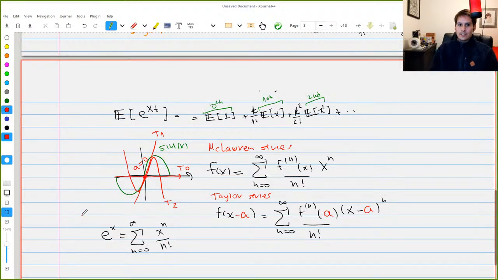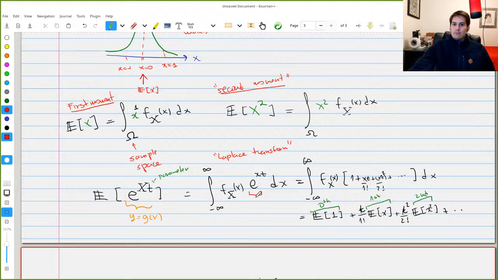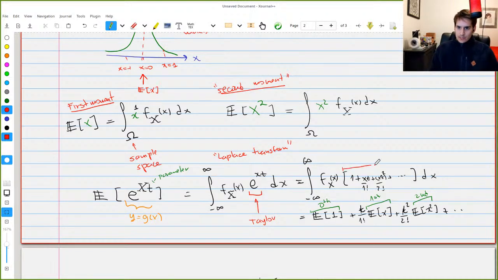So this is the Taylor expansion of e to the x. And as you can see here, we did the Taylor expansion of this e to the x and rewrote it as this.